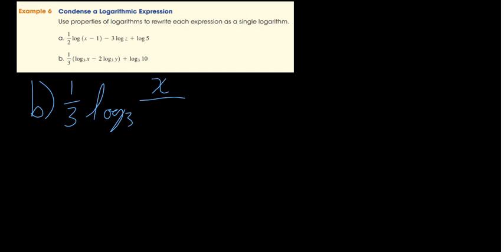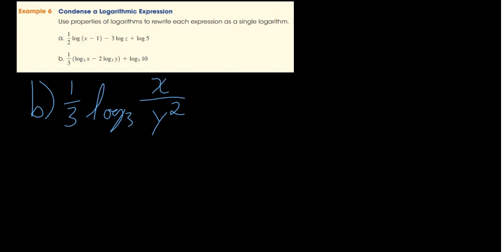I probably should have rewritten it, but I feel like there's going to be a lot of computation, so I didn't rewrite it by putting the 2 on top of the y to make a y squared. But hopefully you see where I got this.